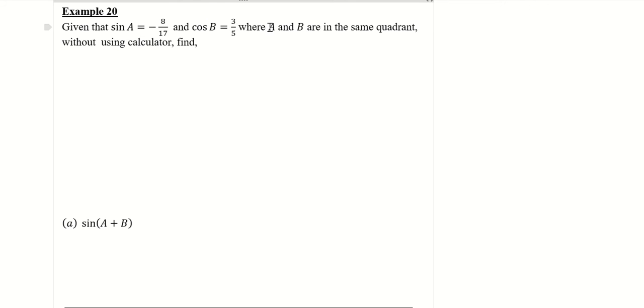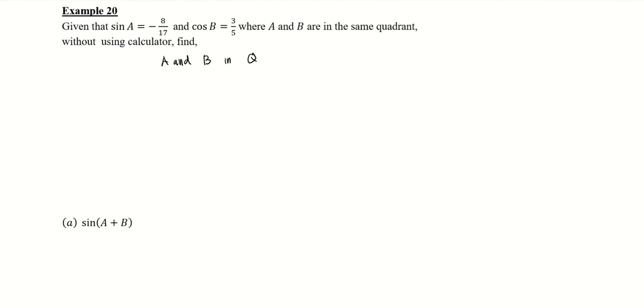We know that A and B are in the same quadrant, so the values here will tell us which quadrant A and B are in. Looking at the ratios here, we have sin A and cos B. Both are in the same quadrant, but sin A is negative and cos B is positive. So that means it is in the fourth quadrant, the quadrant where cos is positive. So for this question, A and B are in the fourth quadrant. Alright, so we can draw the triangle.